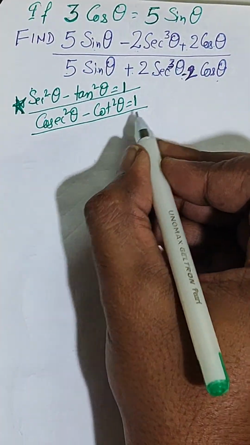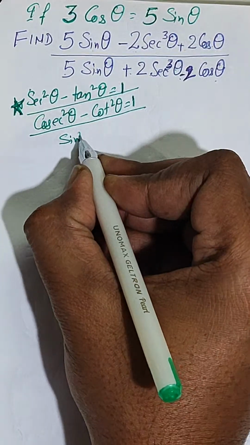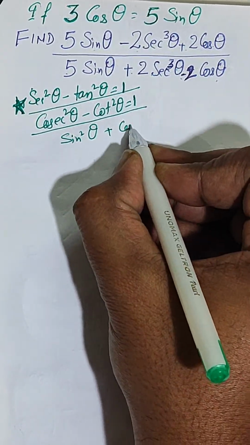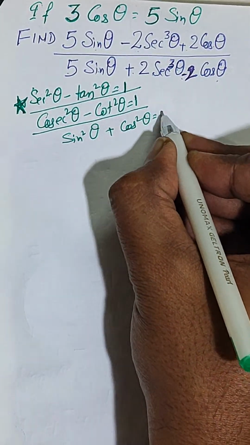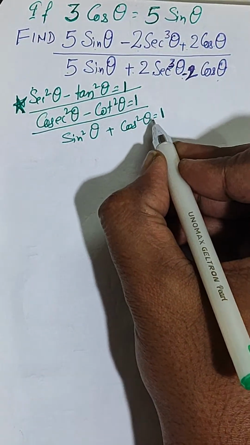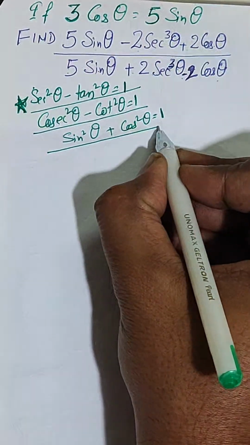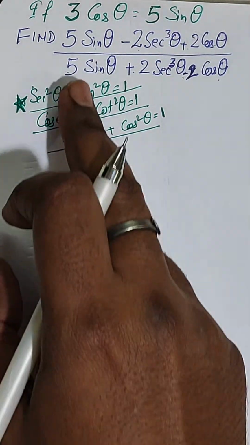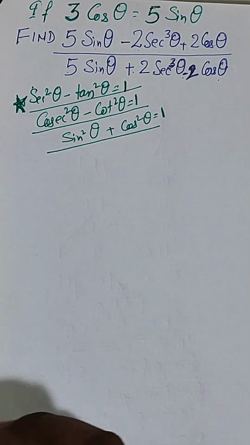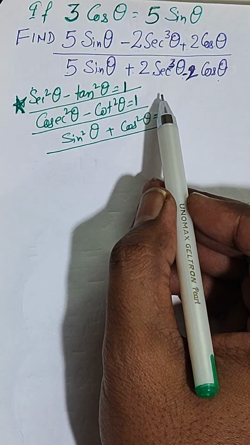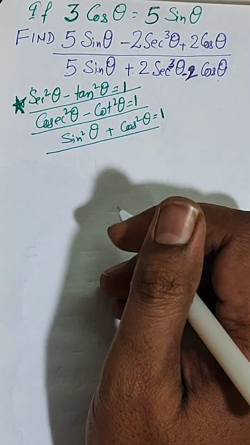And definitely you know sin square theta plus cos square theta is equal to 1, right? So just remember these few identities, okay? And apart from this, the relation between sine and cos: sine by cos is tan, like that, right?